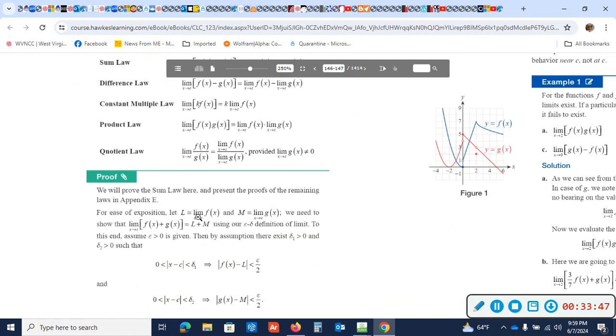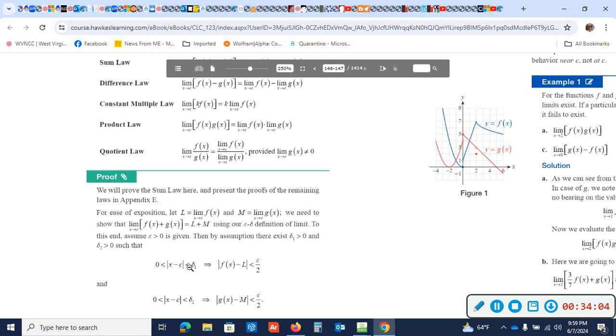I mean, no matter what function you have and what other function you have, if this limit exists and this limit exists, then we can prove that the limit of the sum of those two functions is the sum of the limits using an epsilon delta definition.